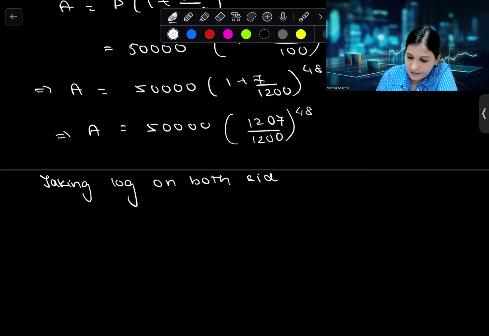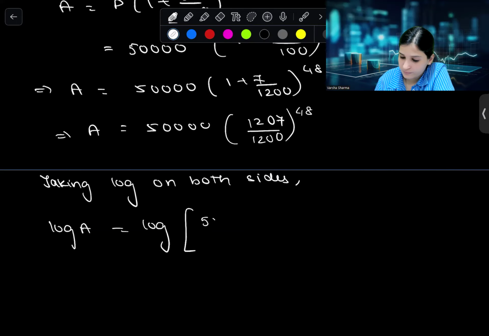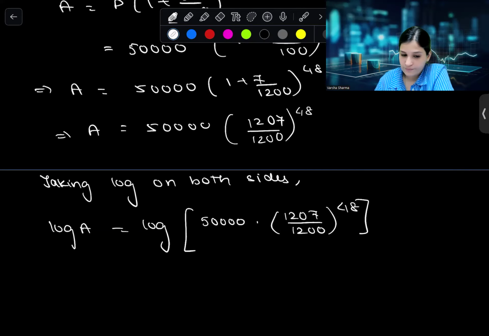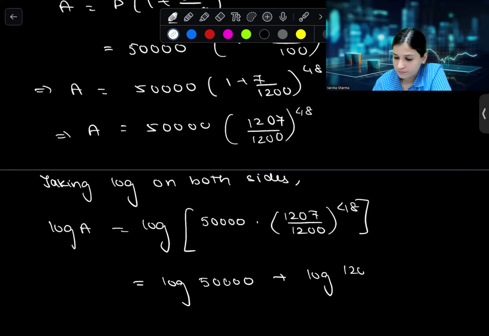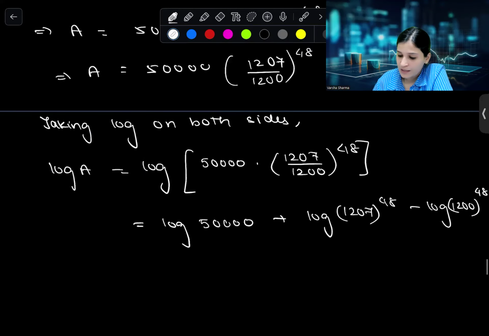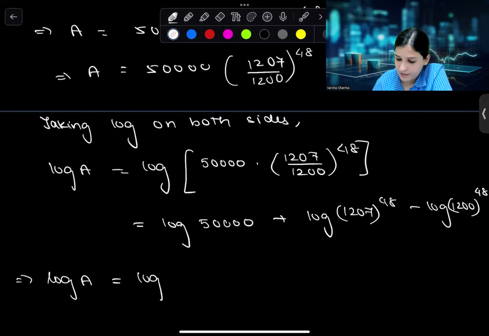Taking log on both sides, log A. Now multiplication opens by addition, division opens by subtraction, and the powers will come to the front.